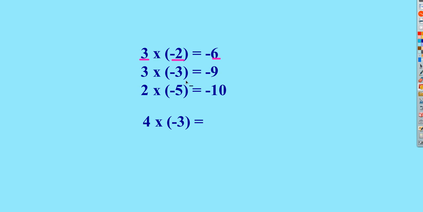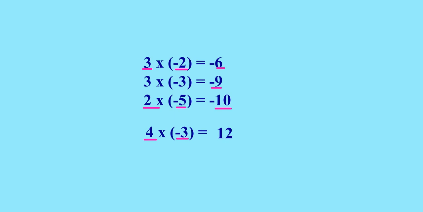Here 3 into 3 is 9. Here 2 into 5 is 10. So just multiply the numbers, then put a negative sign, you will get the answer. So here you have to multiply 4 into 3, you will get 12 as answer. Now put a negative symbol.